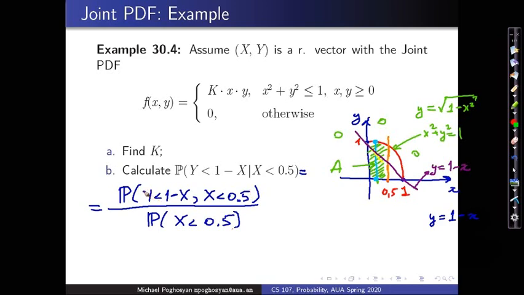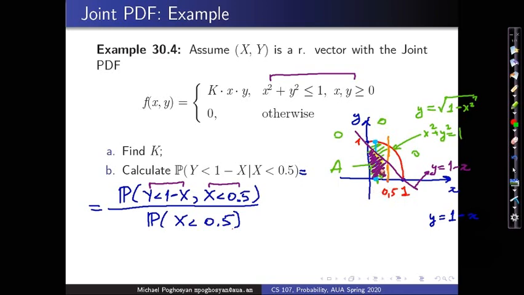And because we have y is less than 1 minus x, we will have the portion under this line, and x is less than 0.5. So I will intersect this set with that set and with the support of this function. With this set, I will have just this trapezoid.